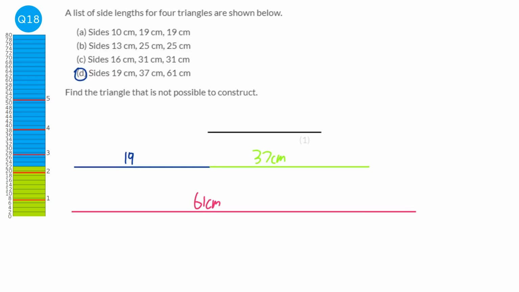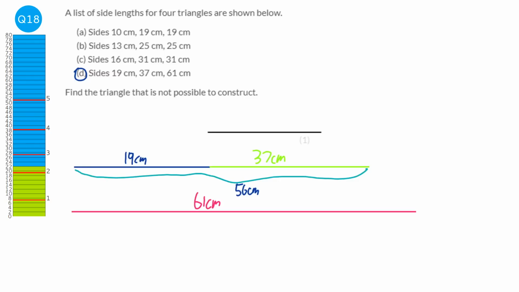Now, looking at the first two sticks, the actual combined distance of them, so when we add them together, 19 centimeters plus 37 centimeters, is 56 centimeters. So that's the combined width of them. And you can see that that actually wouldn't be able to create a triangle if the third stick is 61 centimeters.